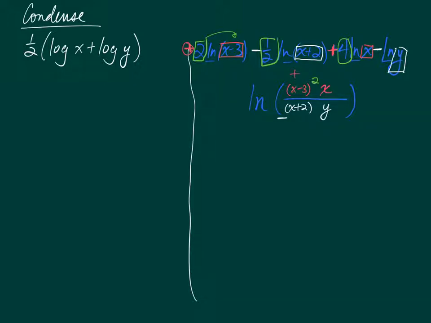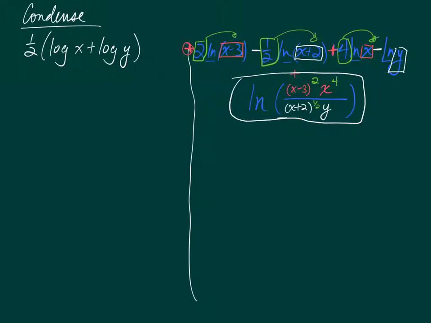And the x here would get the exponent 4. And lastly, there's only one more number in front of a log, and that's this 1/2. That x plus 2 would get the 1/2 exponent. You can see this natural log y has no number in front of it, so I don't need to give an exponent to that y. And so here is my final answer on the condensed log.